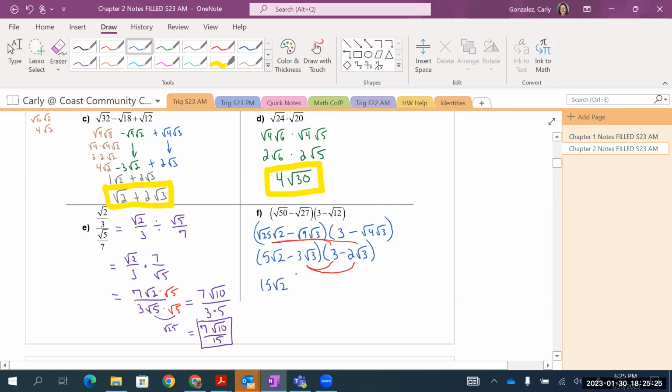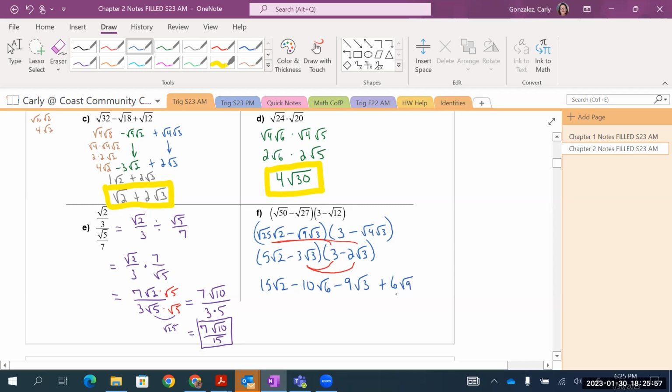Then 5 rad 2 times negative 2 rad 3, negative 10 rad 6. Now these two, negative 3 rad 3 times 3, we'll get negative 9 rad 3. And last but not least, negative 3 rad 3 times negative 2 rad 3, we'll get a positive 6 rad 9.